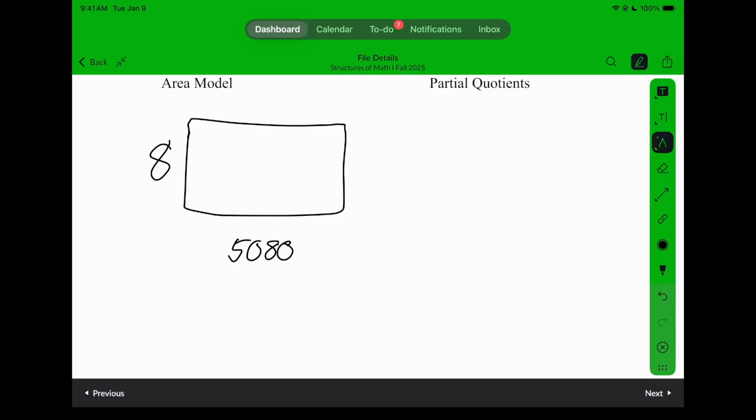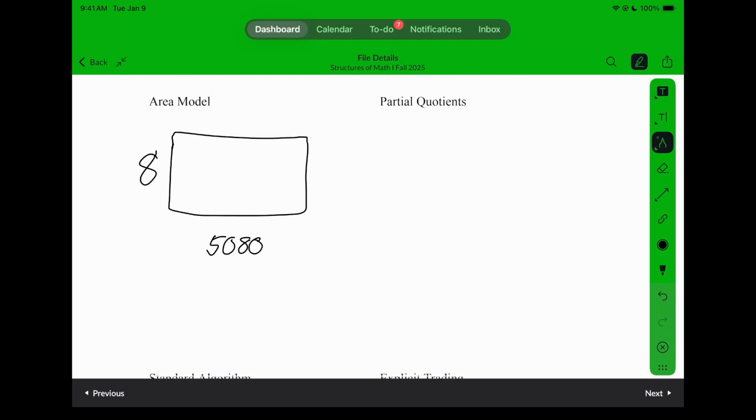So we can start. 8 times 1,000 is 8,000. That's too much. So 8 times 900 is 7,200. 8 times 800 is 6,400. 8 times 700 is 5,600, which is just too big. 8 times 600 is 4,800. So that we can do.